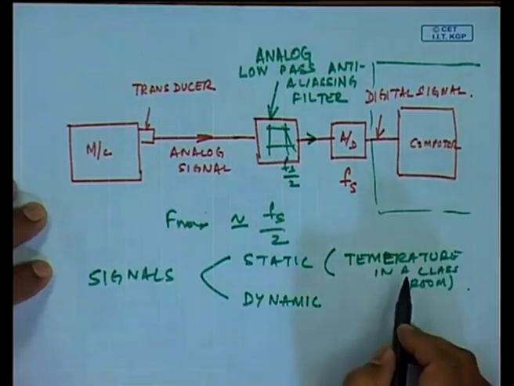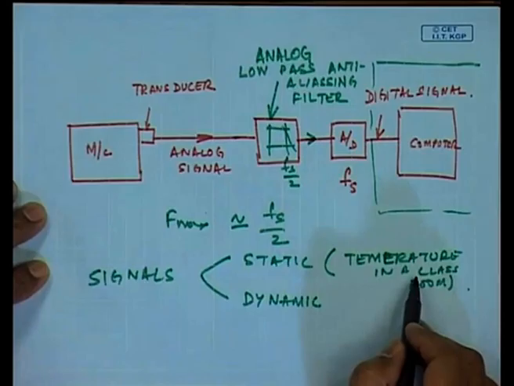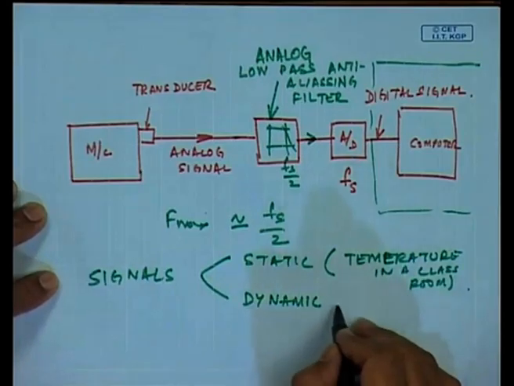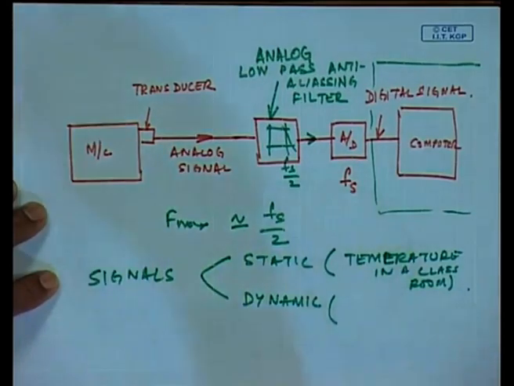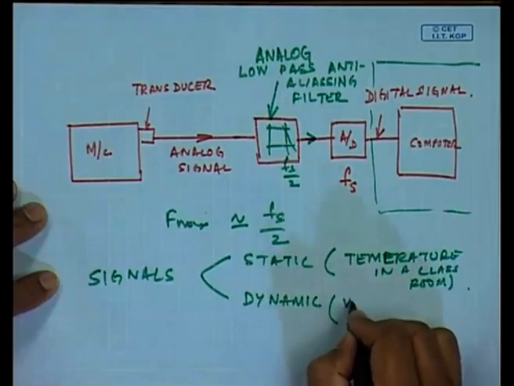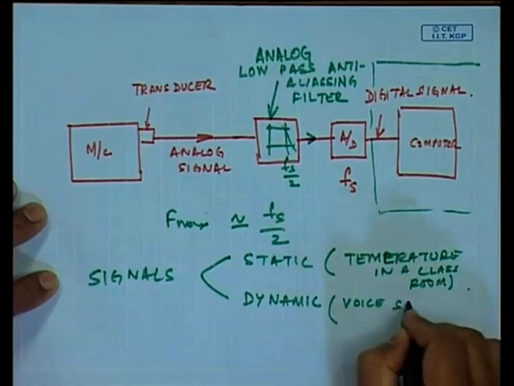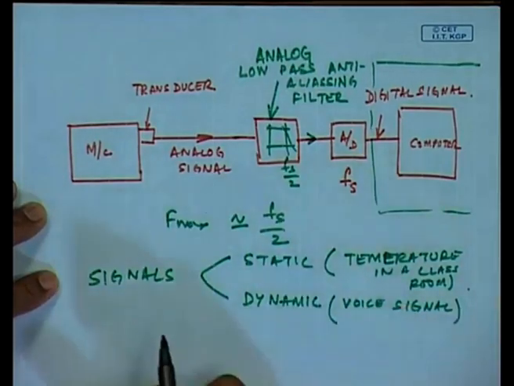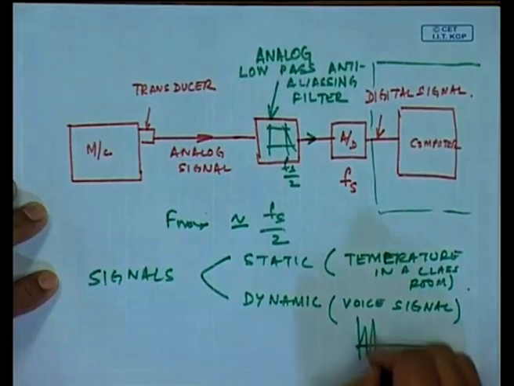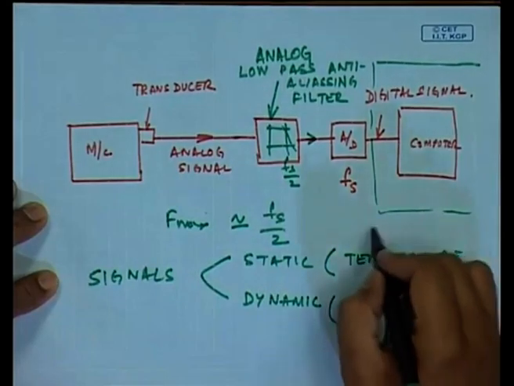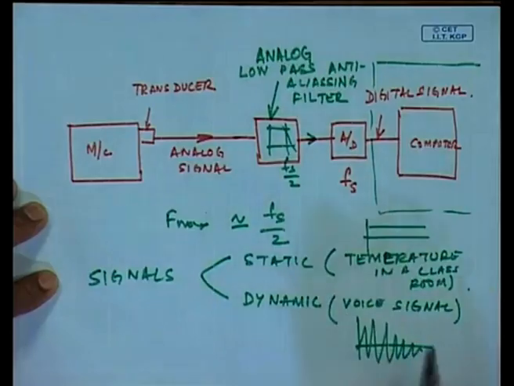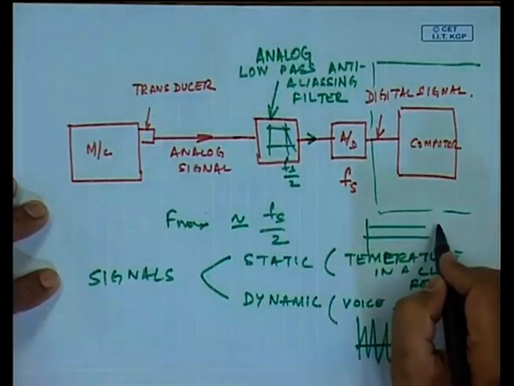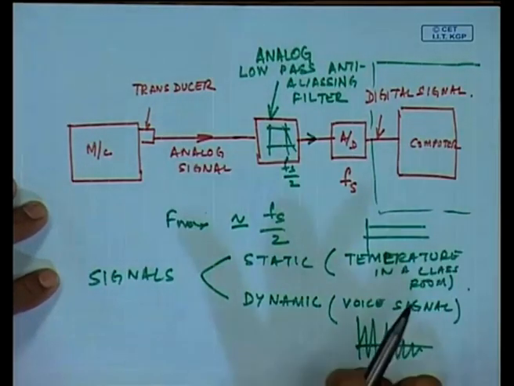It is almost not a time varying signal. Okay. For example, dynamic, while I am speaking, my voice signal, sometimes I am speaking, sometimes I am speaking louder, sometimes I am pausing. So, it is changing with time, and this is almost a constant. So, one is a DC signal or a static signal, and another is a dynamic signal.